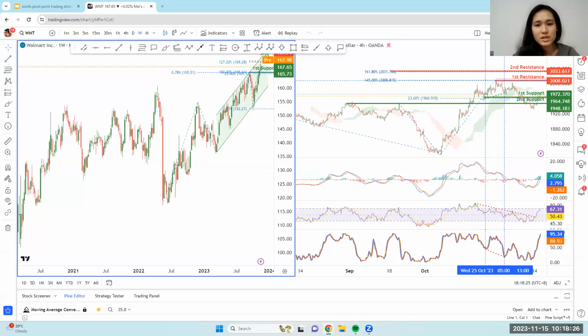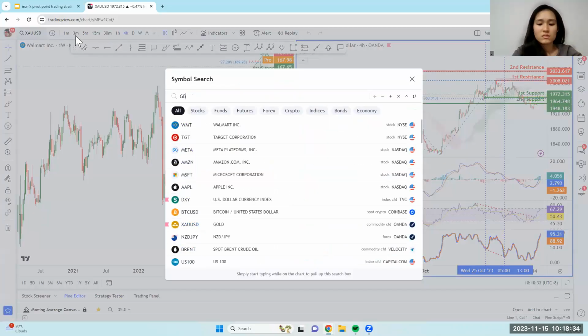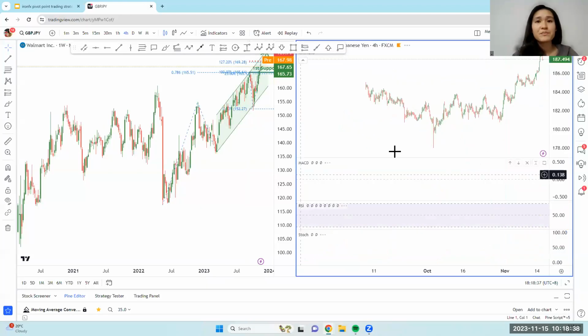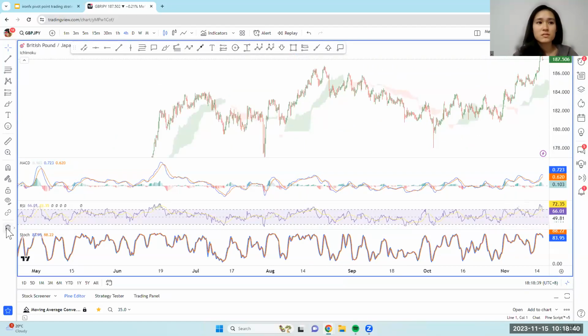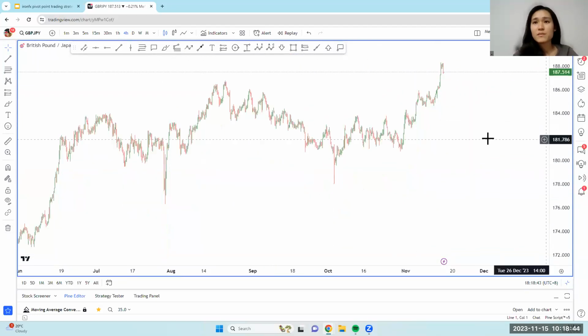Okay, so let's take a look at maybe pound yen. Okay, just a super random example to show you guys.